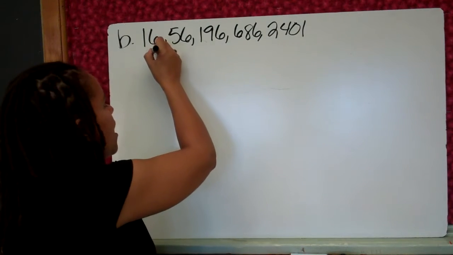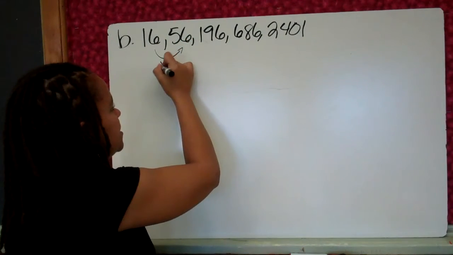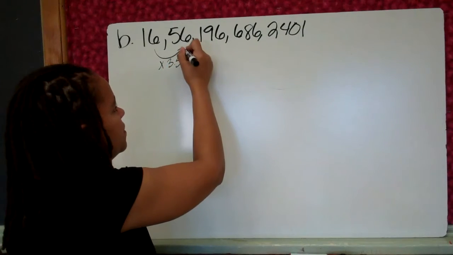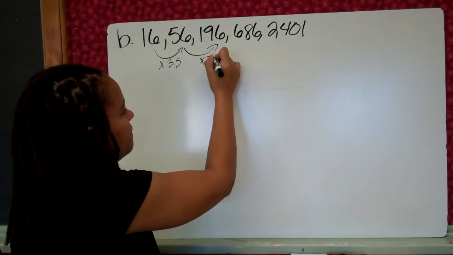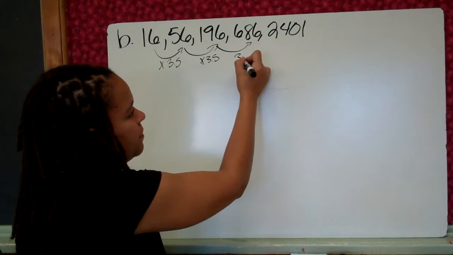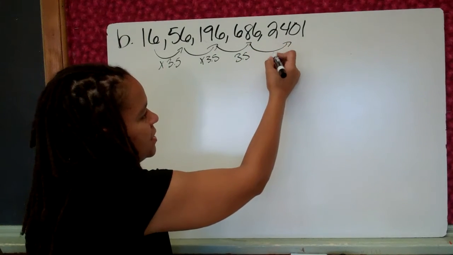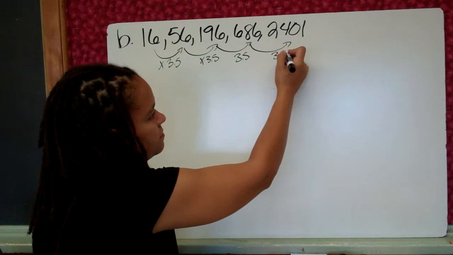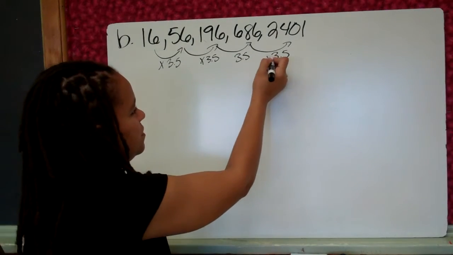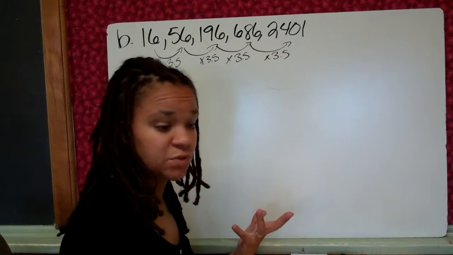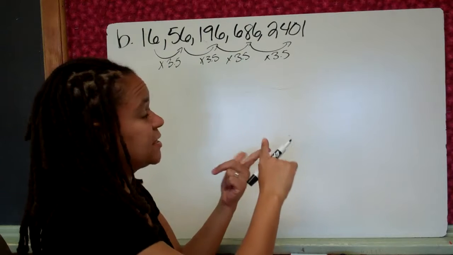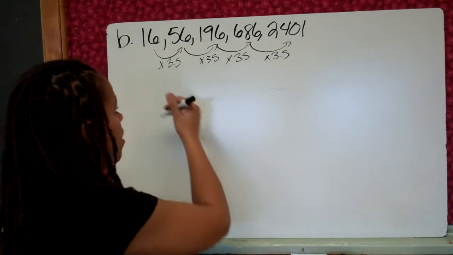You should see that it's times 3.5. Make sure you check every one, because if one of them is different, it is not a geometric sequence. But this one, every single time, is times 3.5. So we've already decided it's geometric, and we already know what r is.